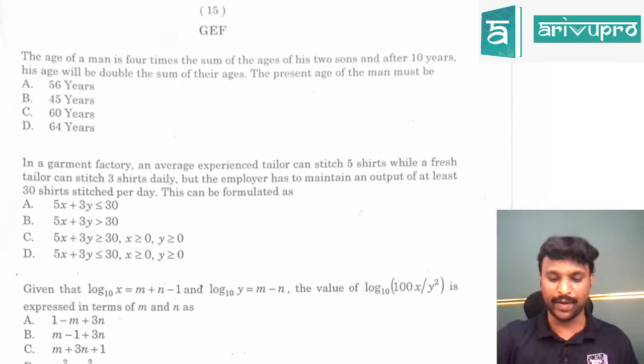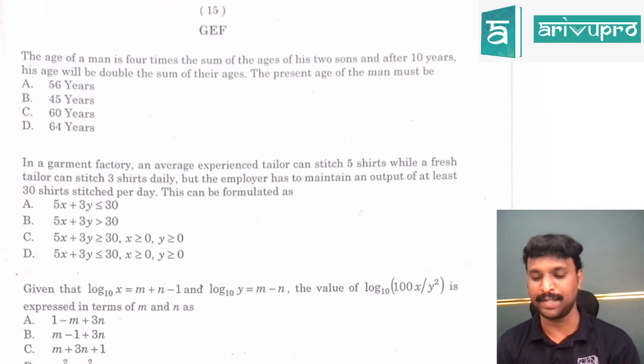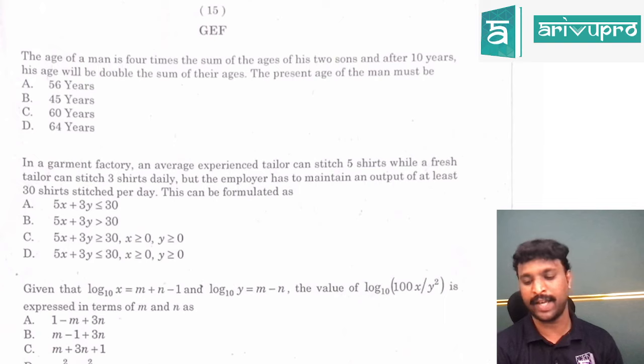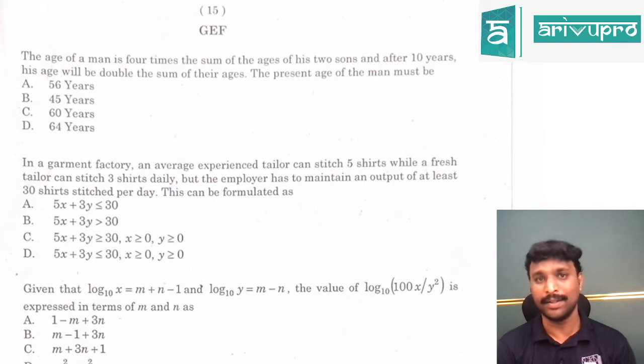Guys, look at the 52nd question. The age of a man is 4 times the sum of the ages of his 2 sons, and after 10 years his age will be double the sum of their ages. Find the man's age.